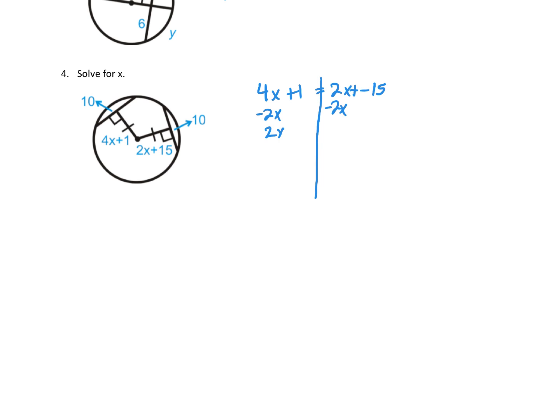That gives me 2x plus 1 equals 15. Subtract 1, 2x equals 14. Oh, it's plus 15, I'm sorry. Plus 15, minus 1 is 14. Divide by 2, x is then 7.